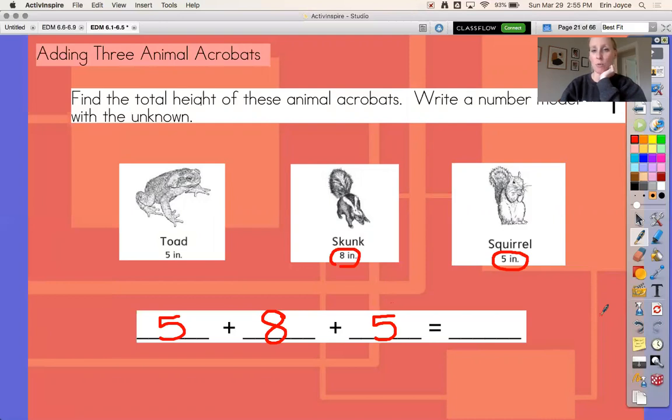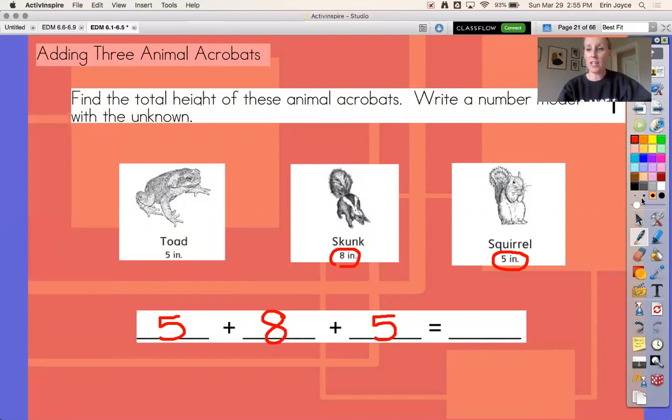I'm guessing that most of you, like me, see something pretty significant in this problem. If you don't, I'm going to whisper it. I see a doubles fact. It's a doubles fact, but it's also one of my 10 facts.